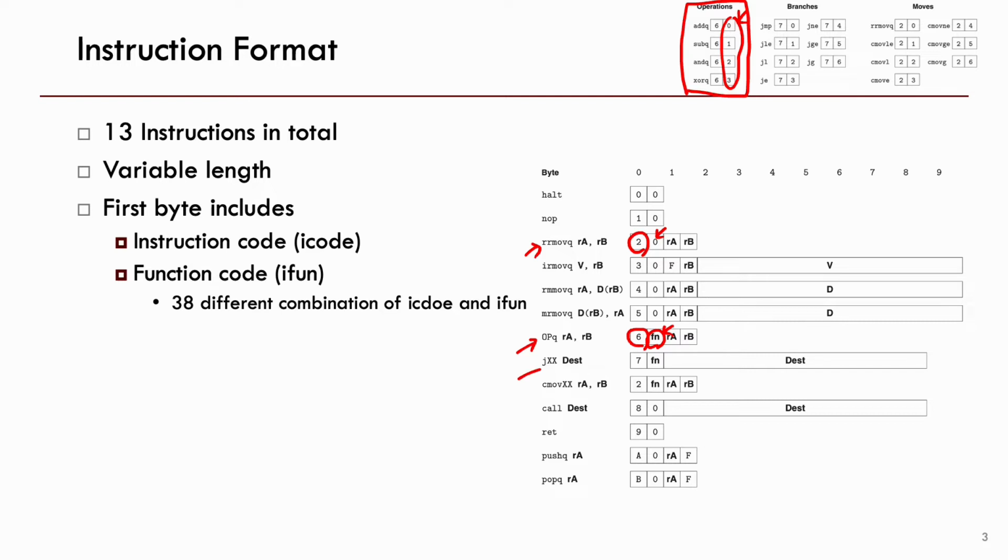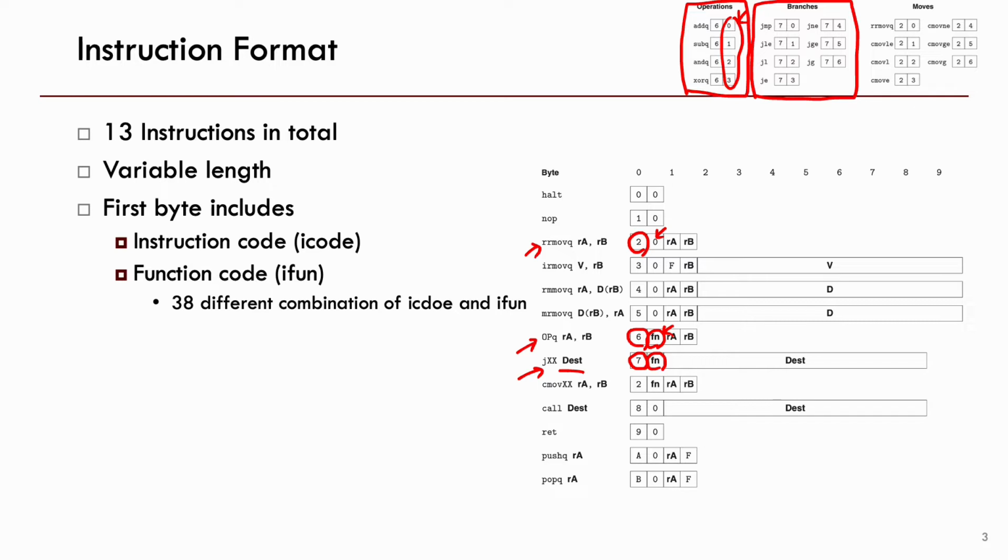And here, the jXX instruction has instruction code 7, but there are multiple options for function code. You can see all the options here. It has actually 7 different functions for the jump instruction.